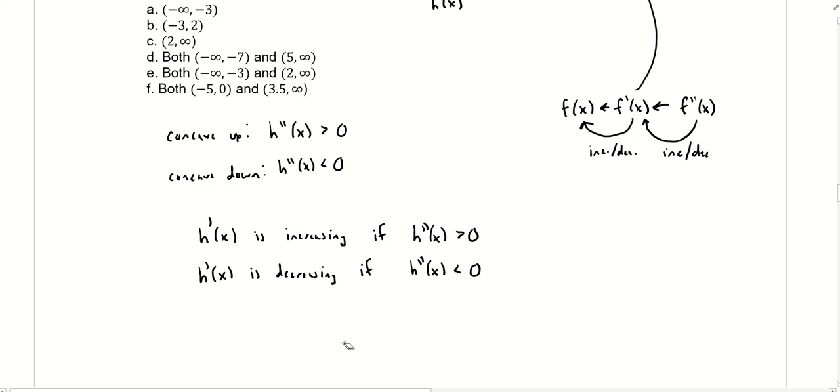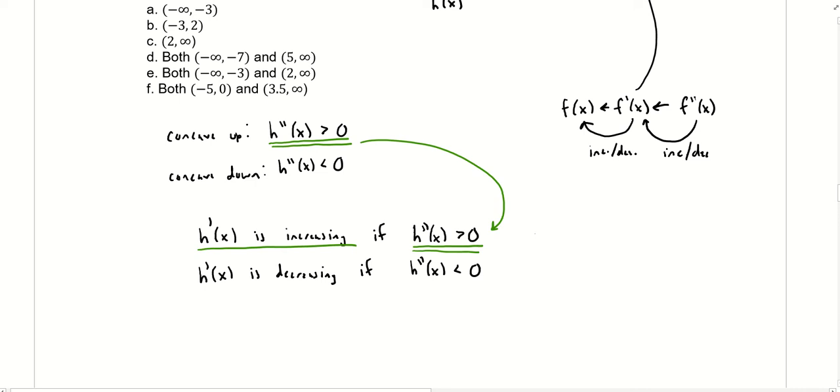So we want to determine concavity. So we want to see what's going on with our function in terms of this. We know that a function is concave up if the second derivative is positive, greater than 0. And how we relate that to the first derivative is we say, okay, well, we know the second derivative is going to be positive if the first derivative is increasing.